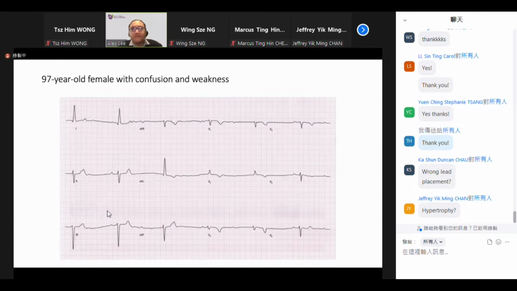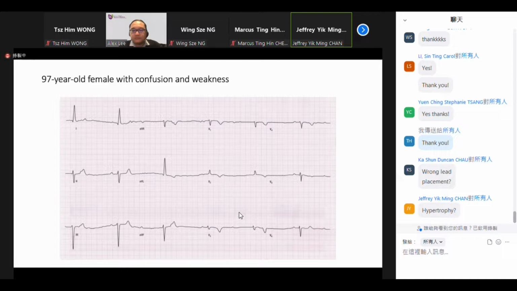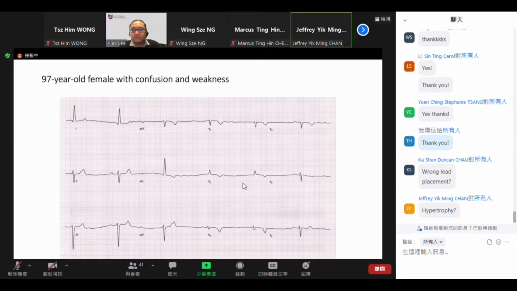So, what kind of ECG criteria do you know for diagnosing LVH? Sokolow's criteria. Okay, everyone knows that. Can you explain what is Sokolow's criteria? We will look at V2 and V5. If the R wave of the V2 as well as the S wave of the V5 adds up to be higher than 35 millivolt, that will be constituted as LVH.